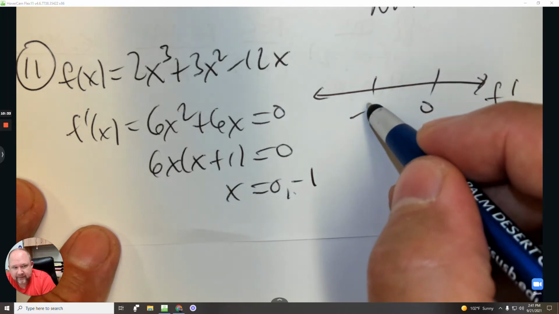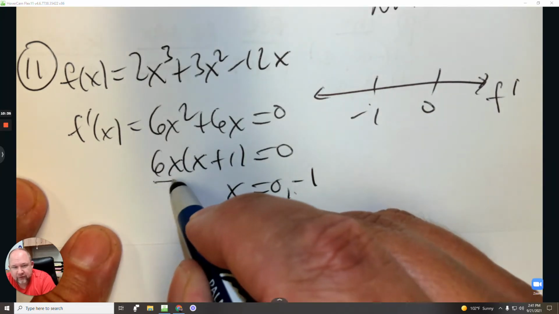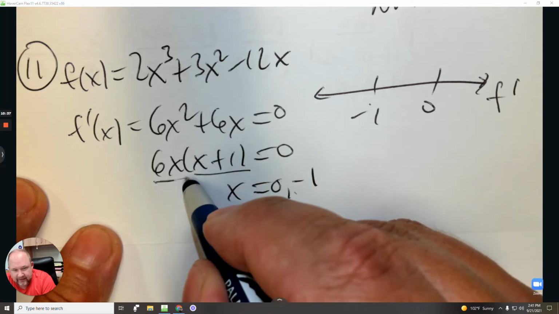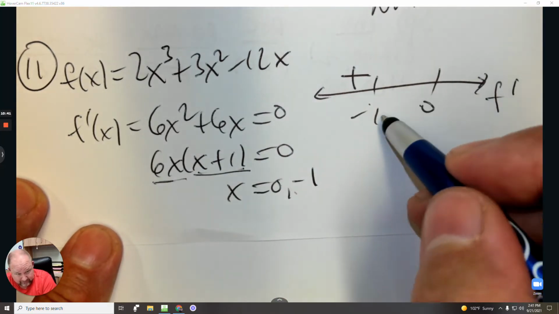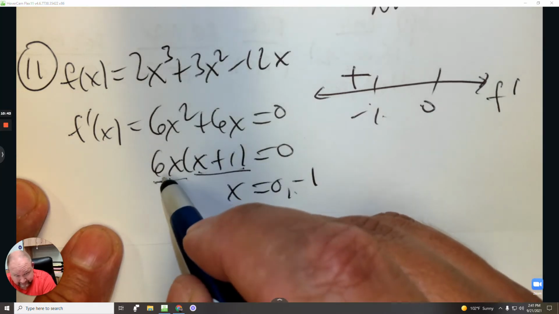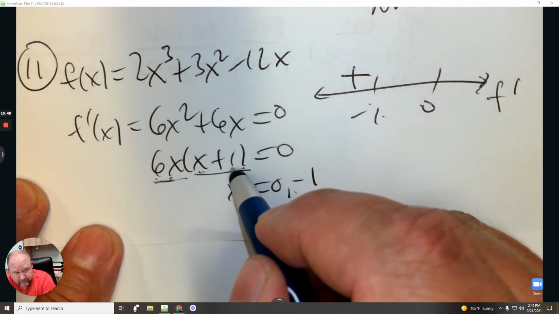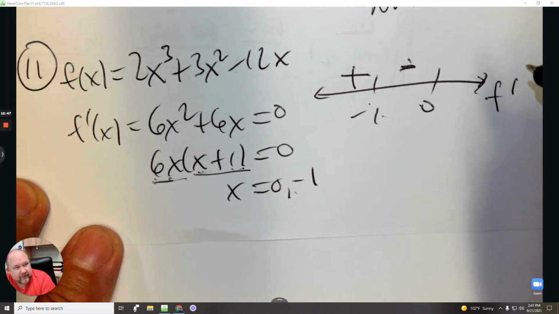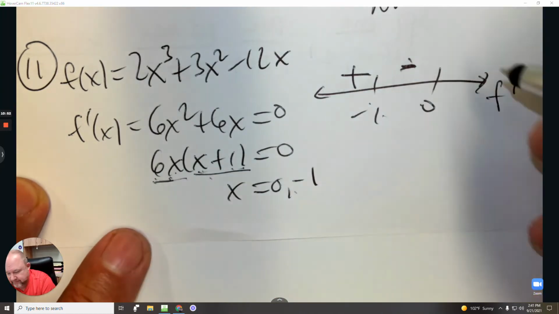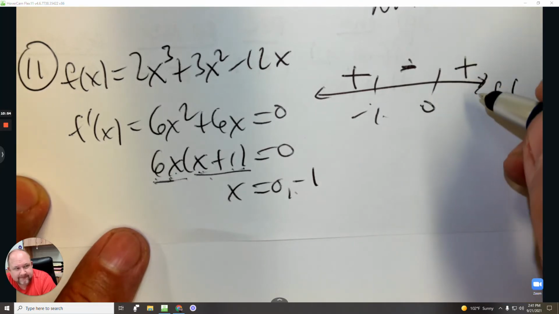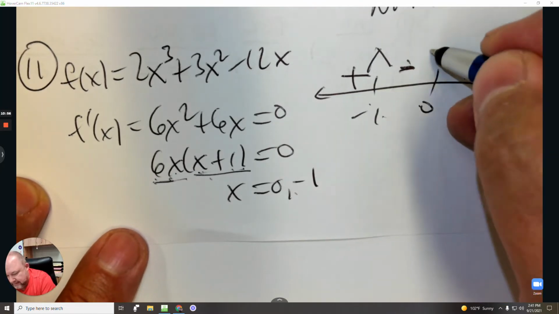Plug in a number less than -1. It's easier with the factored form, so it's a negative times a negative. That's positive. Plug in a number between 0 and -1, like -0.5. That's a negative. This is a positive. So together that's a negative. Plug in any positive number, and the answer is positive. And so we have a maximum and we have a minimum.